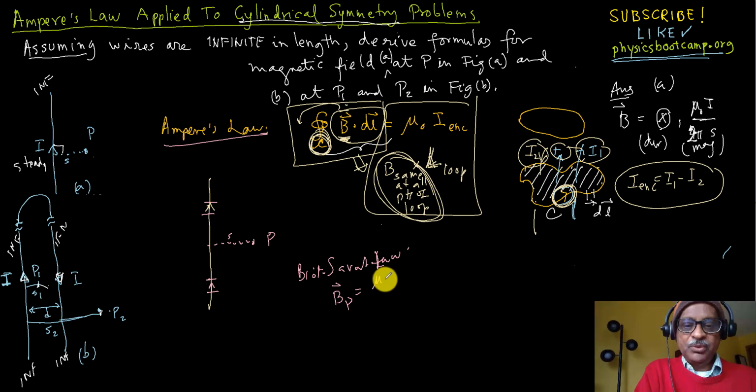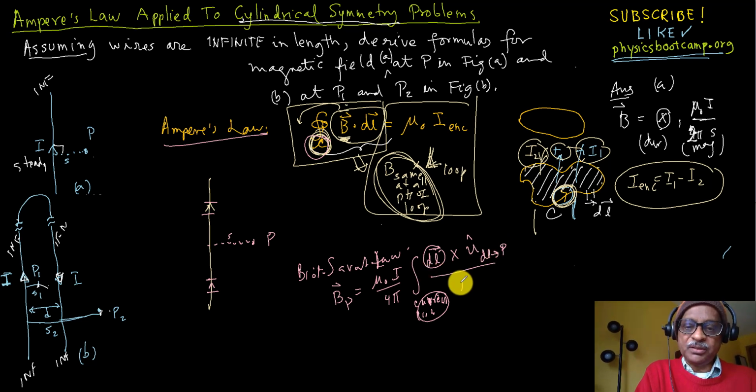It's going to be mu naught I over 4 pi, and I have to integrate over the current-carrying circuit, dl on the current circuit cross u hat from dl to point P, over r squared, the distance from dl to point P squared.